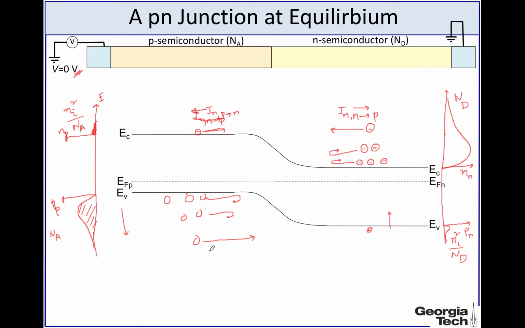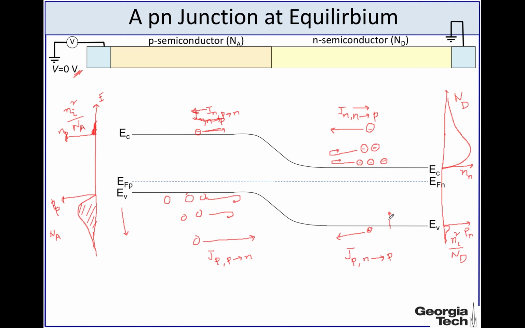So we call the current due to the holes that are moving from the p side to the n side Jp. On the other hand, similarly, because it's on the top of the barrier, there will be some holes that will be moving from the n side to the p side, and that is what we called Jp, moving from n side to p side.